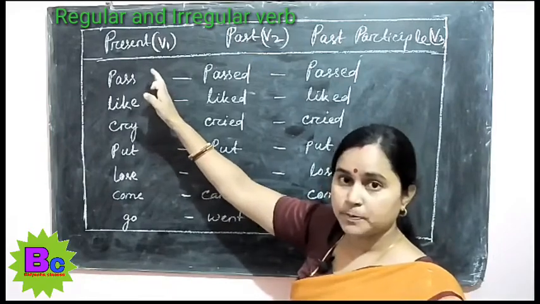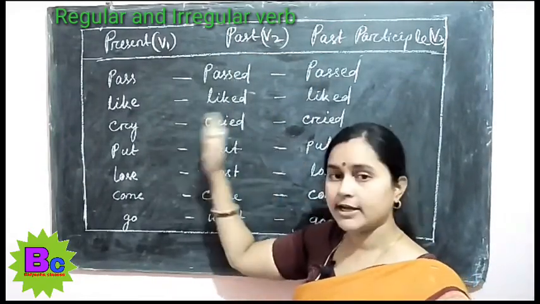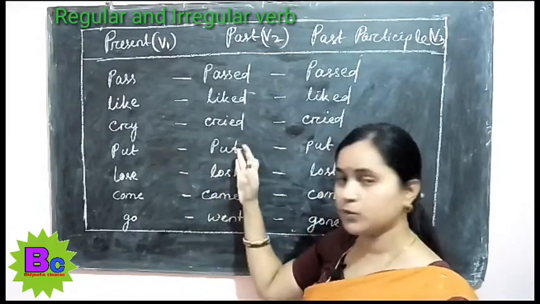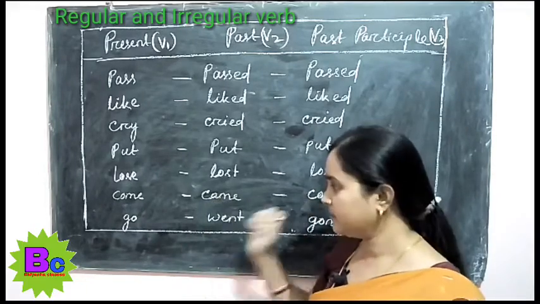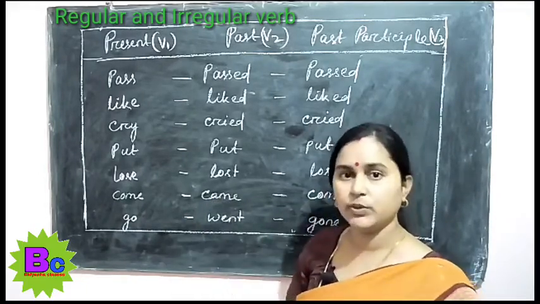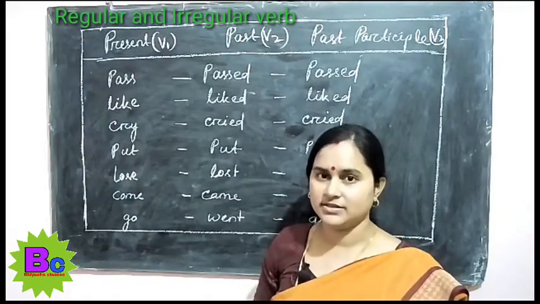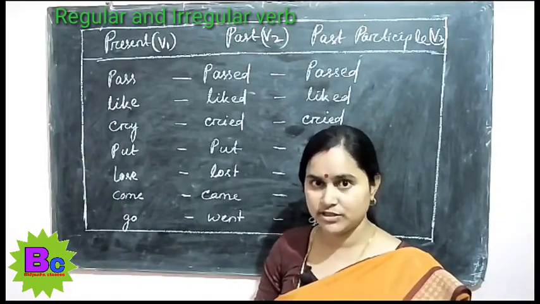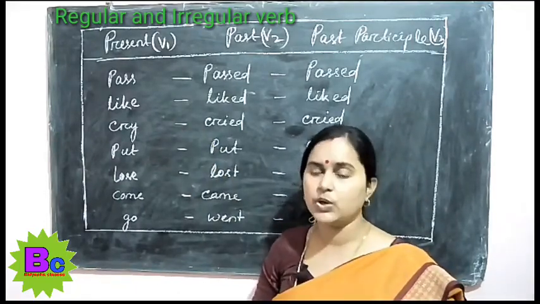Look at the examples. Pass, passed, passed. Like, liked, liked. Cry, cried, cried. Put, put, put. Lost, lost, lost. Come, came, come. And go, went, gone. Look here: some verbs follow a fixed pattern, but some do not. Those verbs which follow the fixed pattern are called regular verbs.